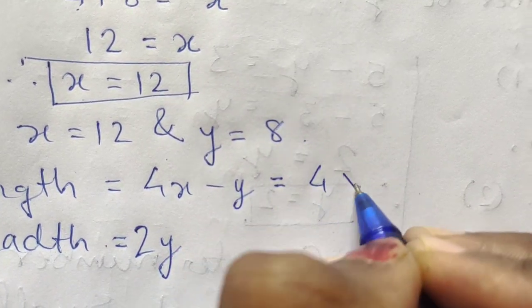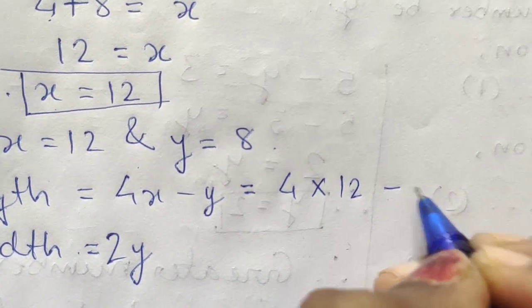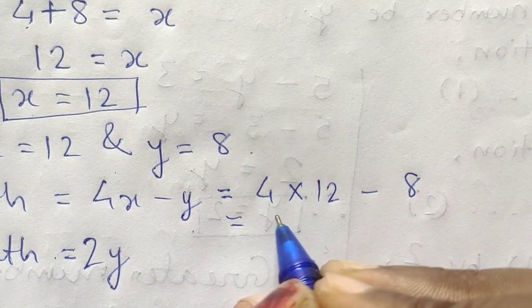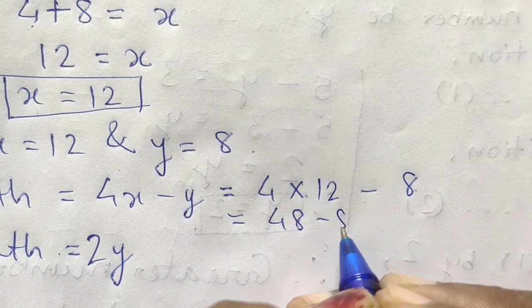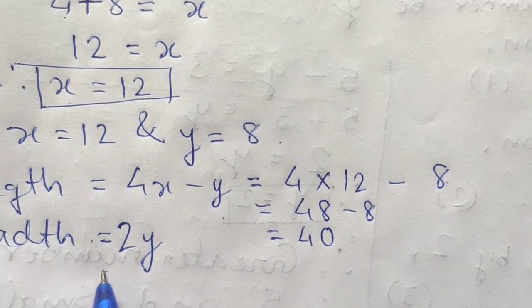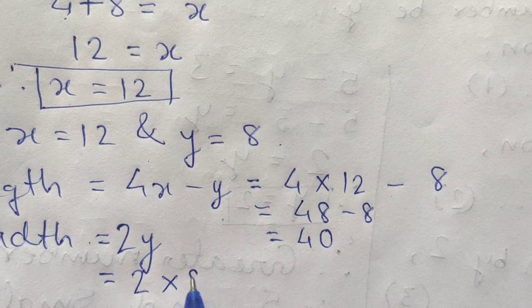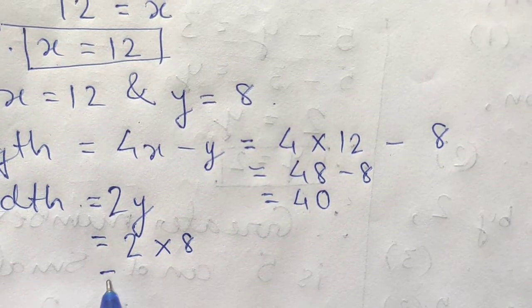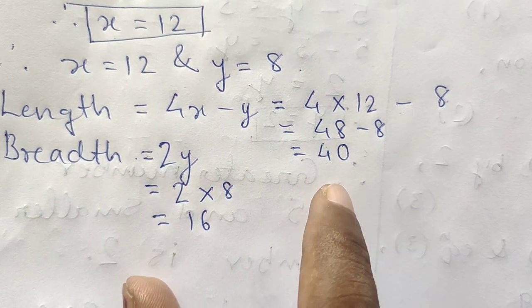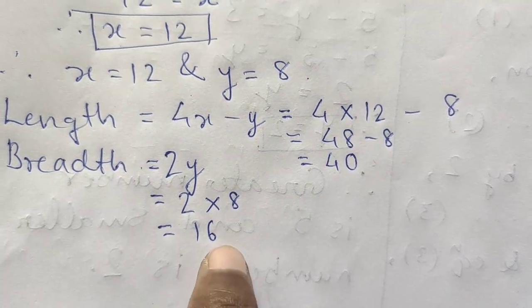So 4, what is x? 12, minus, what is y? 8. Now 12 fours are 48 minus 8 gives you 40. Now coming to breadth, 2 into what is y? 8. So your breadth is 16. So finally you got your length 40 and your breadth 16.